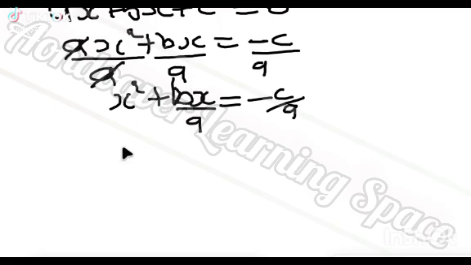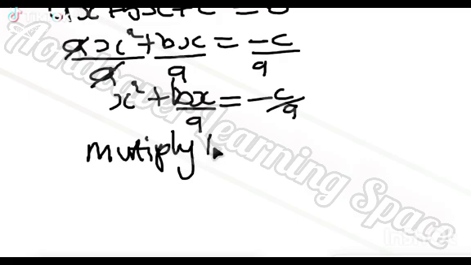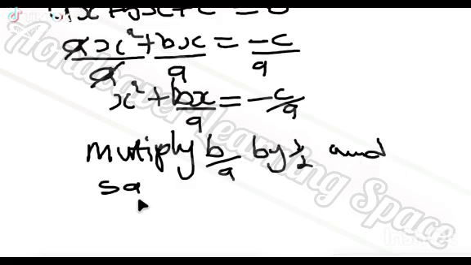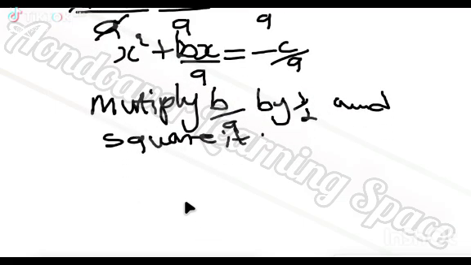The next step is you take half the square of this number and add both sides by it. So what we have to do is multiply b over a by half and what? Square it. So what we do is this.